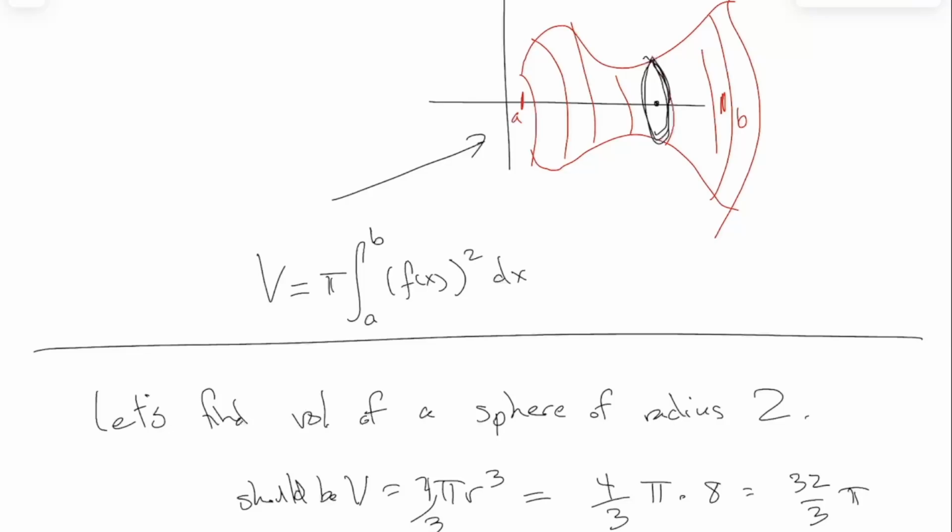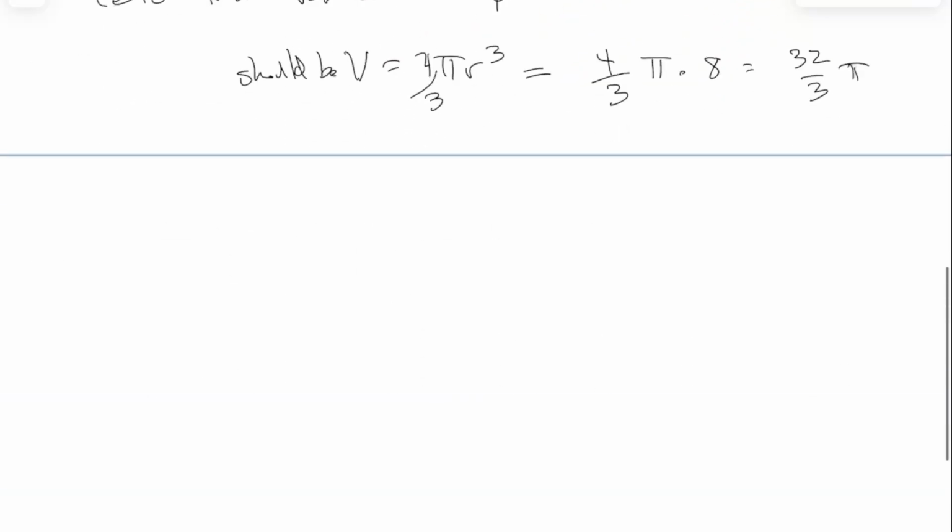So the basic idea here is I want to start with a circle. Now we want radius 2, so I'm going to start with a circle of radius 2. And really, if you think about it, you only need the top half of a circle, which is lucky for us because that's a function. If you take the whole circle, it's not a function, and that's slightly weird.